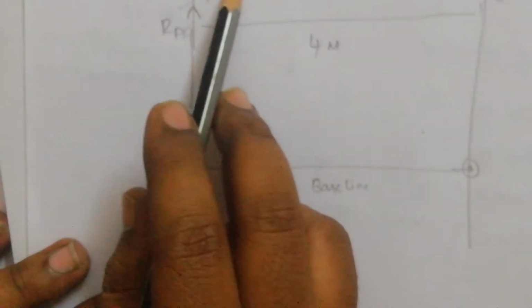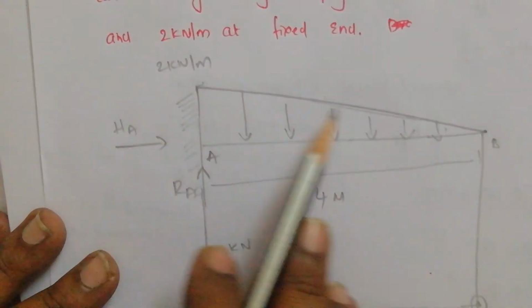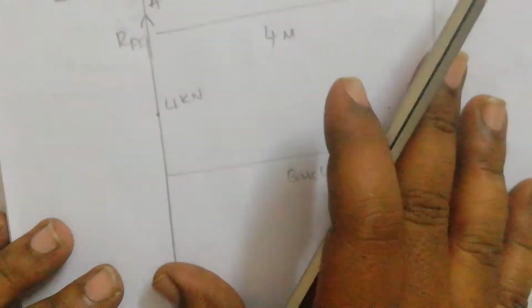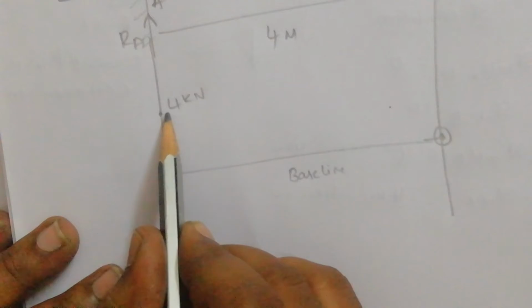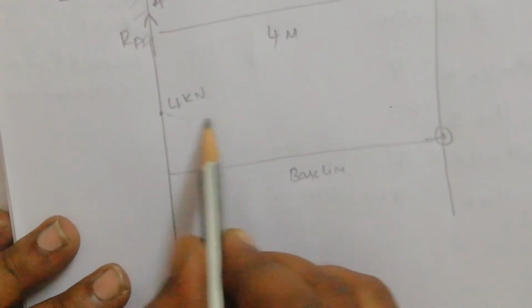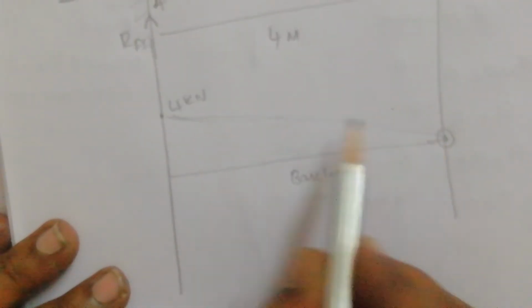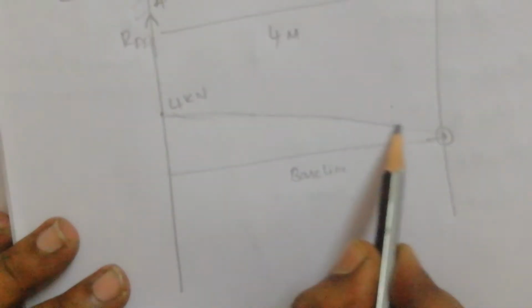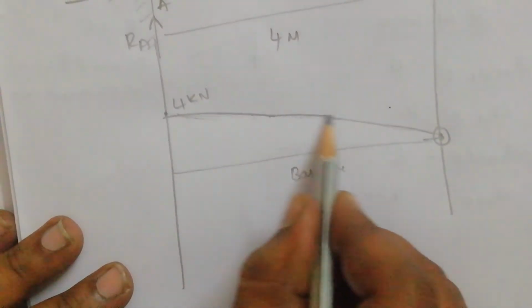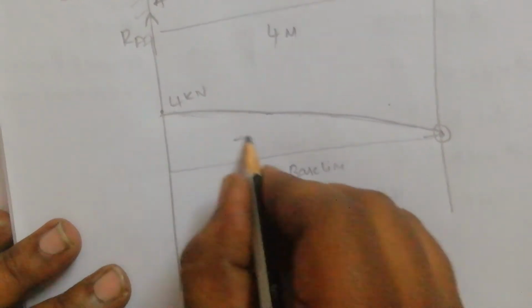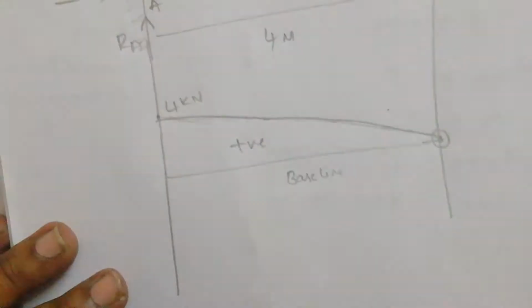Now since this is a uniformly varying load, we have to join these two lines by using a parabola. So this should have some curvature. Since this is positive, you can give the curve upside or downside.